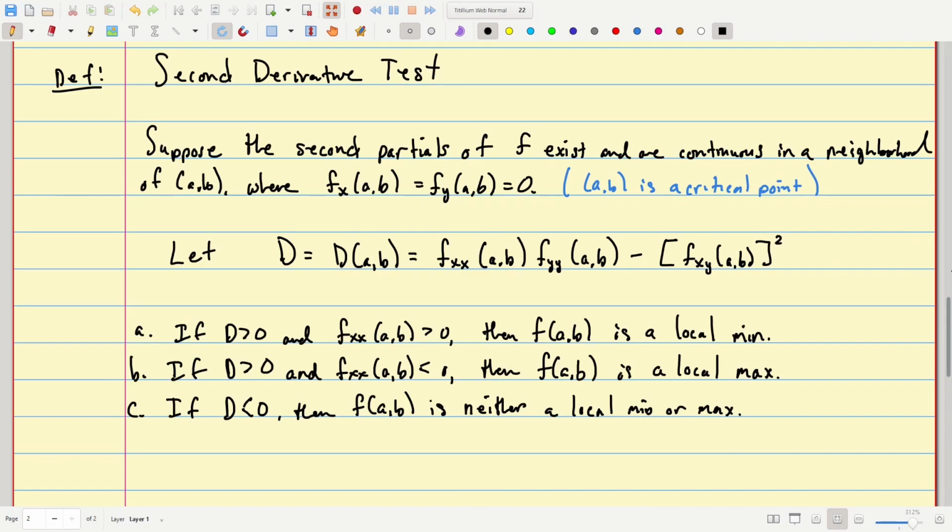Now, a couple things I want to say about this. Number one, you must use this formula as written. In Calculus 1, there was kind of a shortcut for doing the second derivative test, right? If you had the second derivative, all you really cared about was whether it was positive or negative.